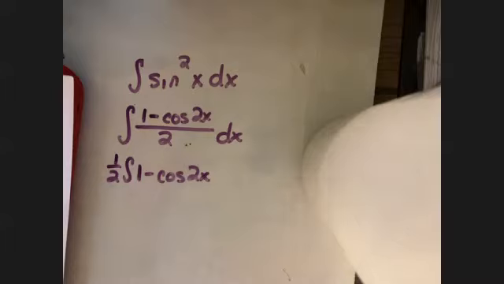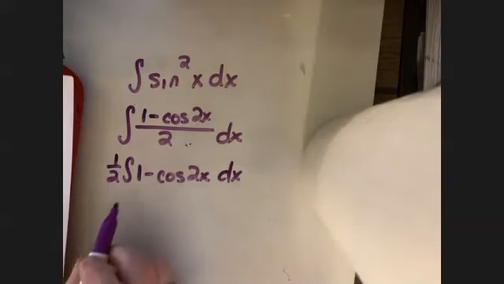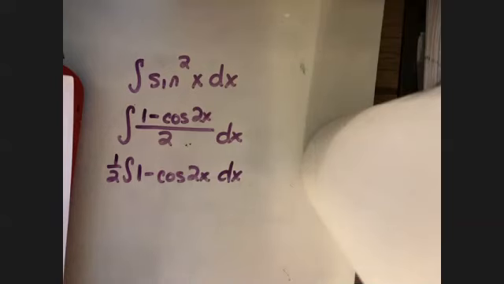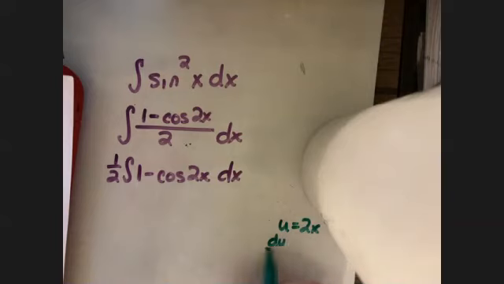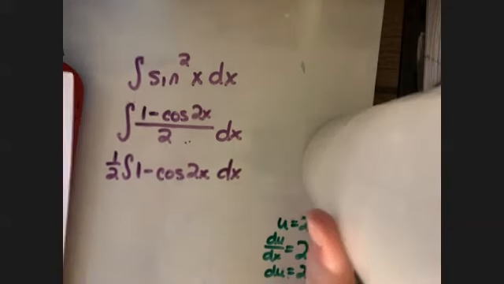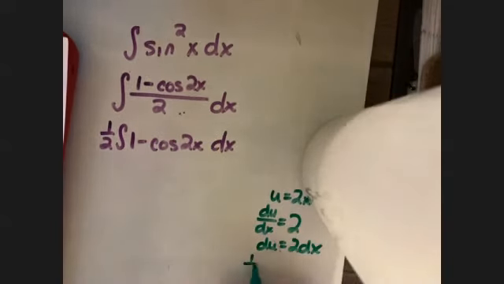Now, the book does not show this, because it's like a partial replacement that they do. So basically, what they do kind of over here off to the side is they say if u was the 2x, du dx would be 2, doing kind of that same stuff that we've done before. 1/2 du equals dx.